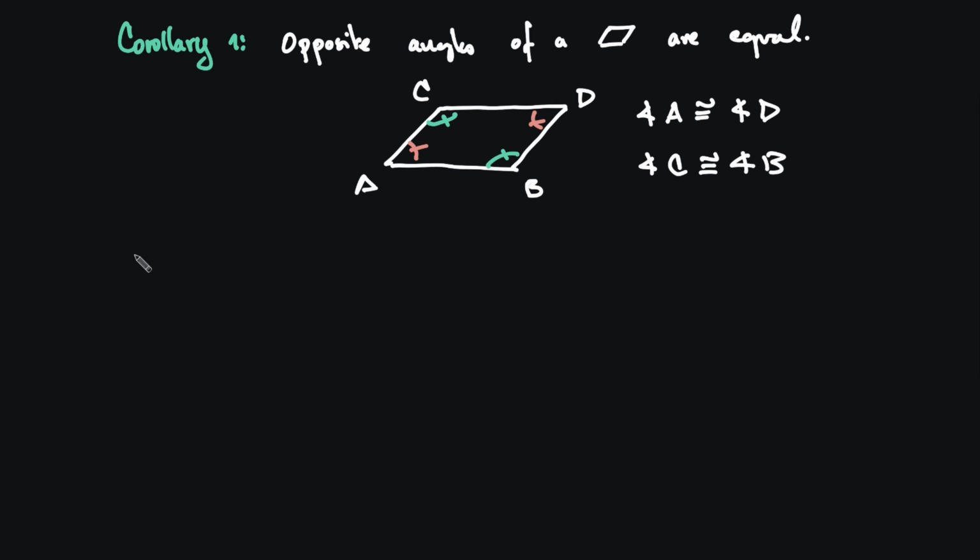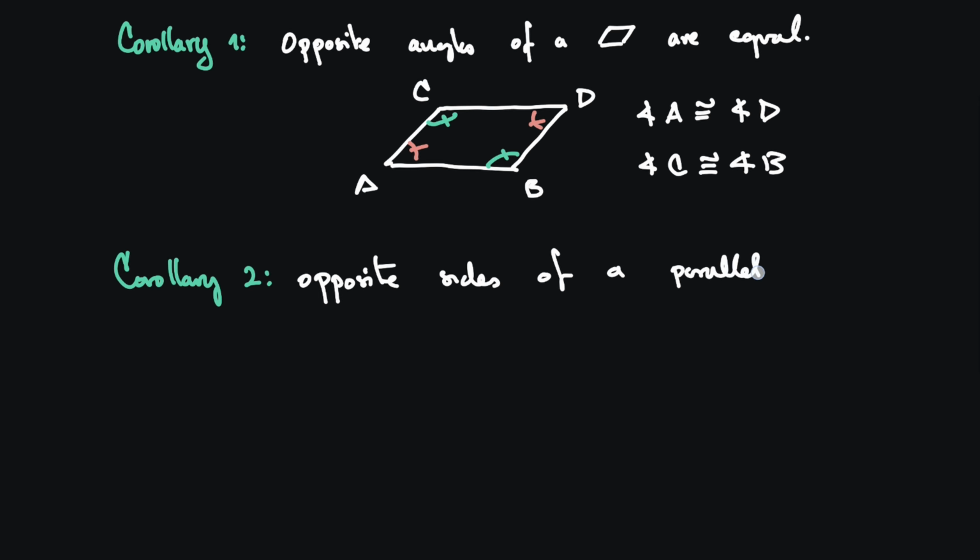Corollary 2. Corollary 2 states that opposite sides of a parallelogram are equal or congruent, right? So again, I'm going to use a similar figure.